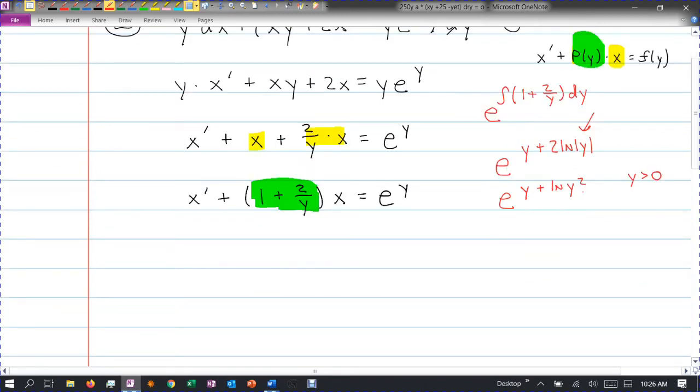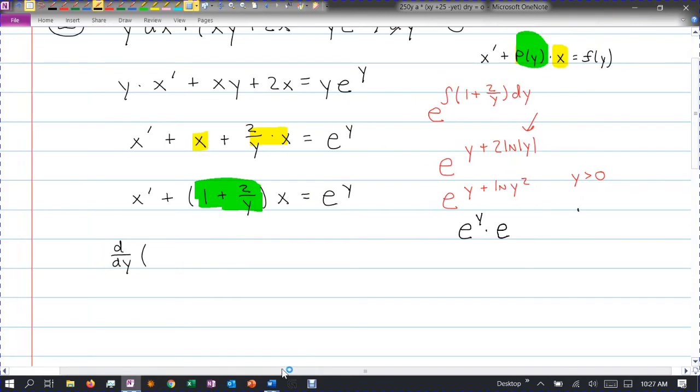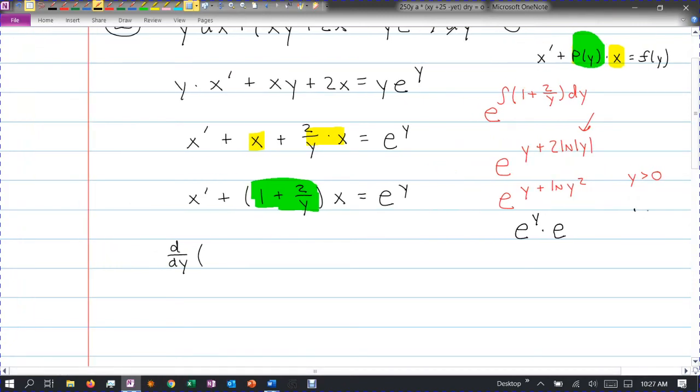So I multiply both sides by the integrating factor, and so my left side will now turn into the derivative with respect to y of my integrating factor. You know what, like we did in the last problem, let me clean this up. This is really e to the y times e to the natural log of y squared, which is just e to the y times y squared.